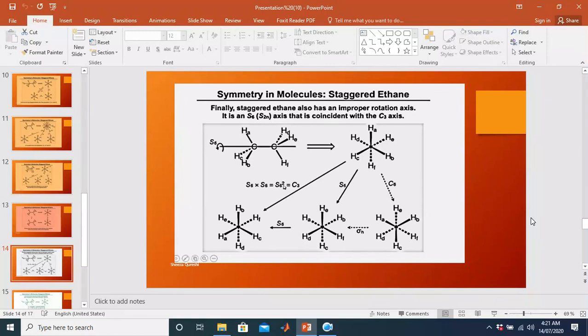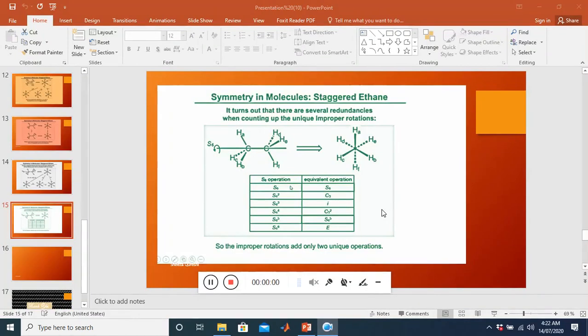In this we can see that by rotation, which means 60 degree rotation, HA will be replaced by HE, HB will be replaced by HF, and so on. It turns out that there are several redundancies when counting up the unique improper rotations.